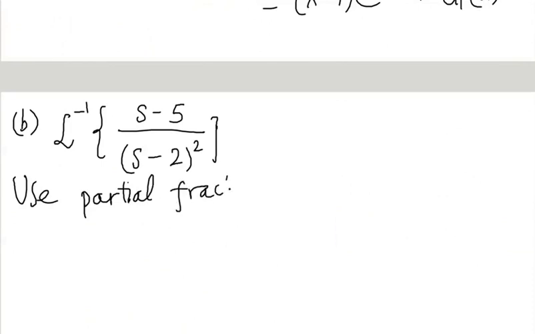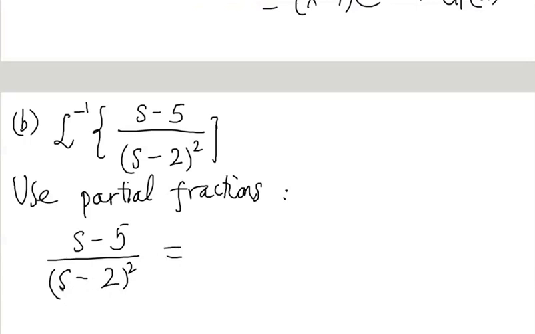We have s minus 5 over s minus 2 squared. We begin with A over s minus 2 squared, the highest power, but don't forget the lower one as well.